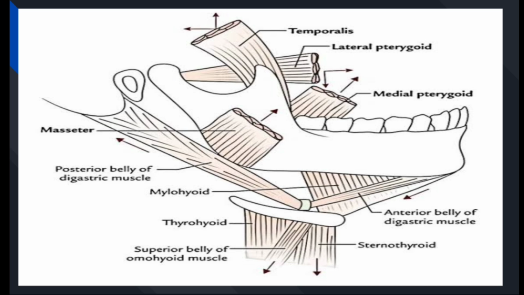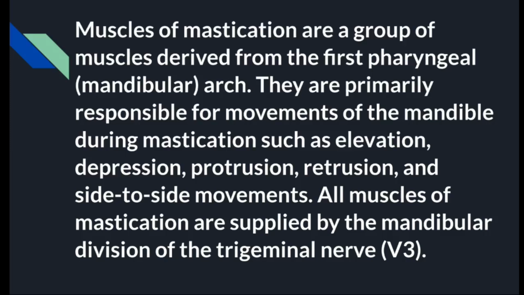So what are muscles of mastication? This is a group of muscles derived from the first pharyngeal arch. They are primarily responsible for the movement of the mandible during mastication, such as elevation, depression, protrusion, retraction, and side to side movement.